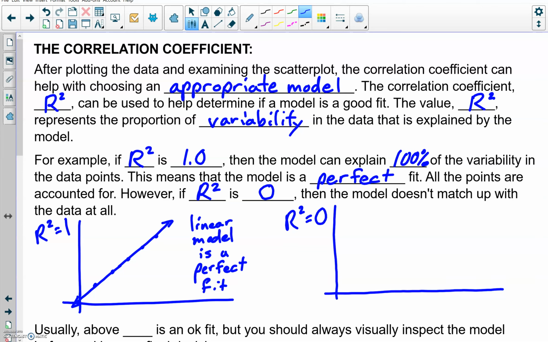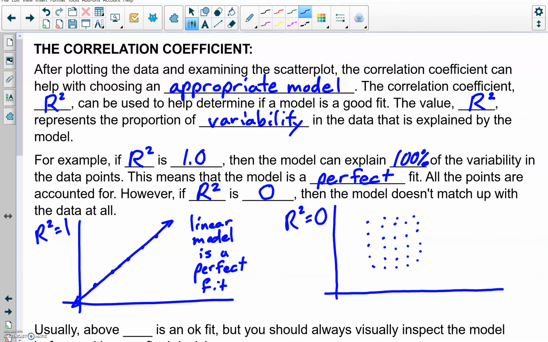Now, with r squared equals 0, what you're typically going to see is something where the data points, and I'm drawing these even a little bit more organized than what they might be, but I want to make sure that what you're seeing here is basically a blob of points with no real shape to it.